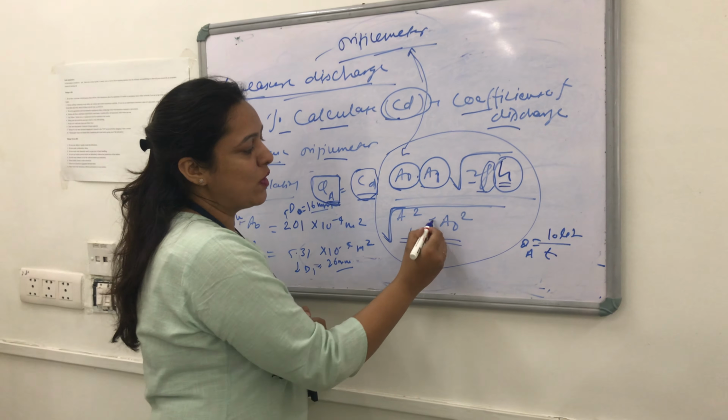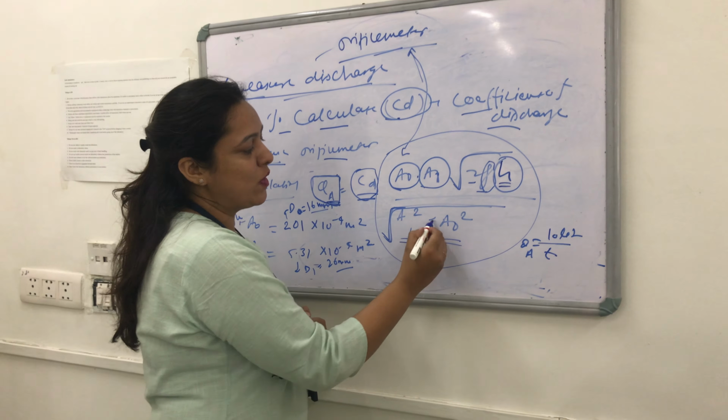So again, by the formula of CD, what we know is that CD, the coefficient of discharge, is nothing but the ratio of Q actual upon Q theoretical. This is the Q theoretical, we are going to keep it on the left hand side, and therefore it will be in the denominator. And the Q actual is what?